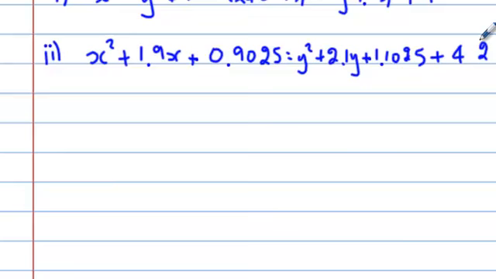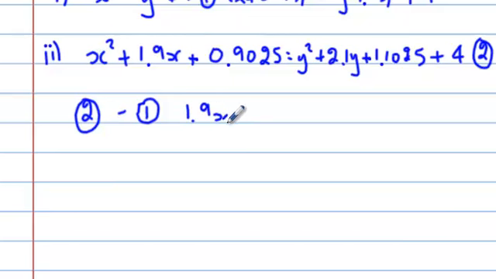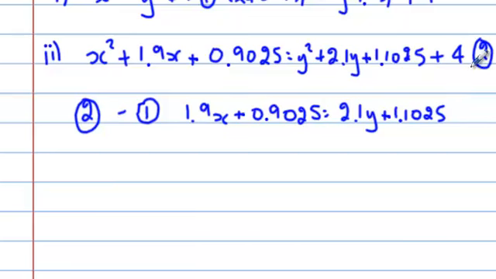So I'm going to call this equation 2 and this equation 1, and if I do equation 2 subtract equation 1, so I'm hoping to eliminate some squared terms, then on the left hand side x squared take x squared, cancel, so that leaves 1.9x plus 0.9025, and on the right hand side I'll get y squared take y squared, they eliminate, 2.1y plus 1.1025, but also the plus 4 here and the plus 4 here will cancel, so that leaves me what I've got here.